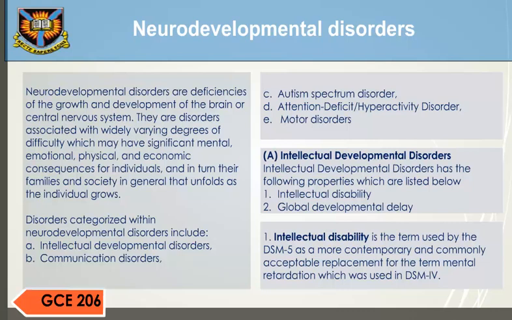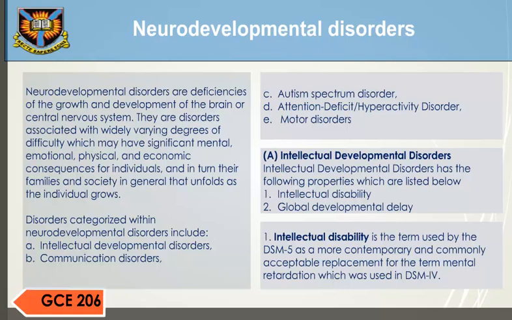Neurodevelopmental disorders. Neurodevelopmental disorders are deficiencies of the growth and development of the brain or central nervous system. They are disorders associated with widely varying degrees of difficulty which may have significant mental, emotional, physical, and economic consequences for individuals and in turn their families and society in general, that unfolds as the individual grows.